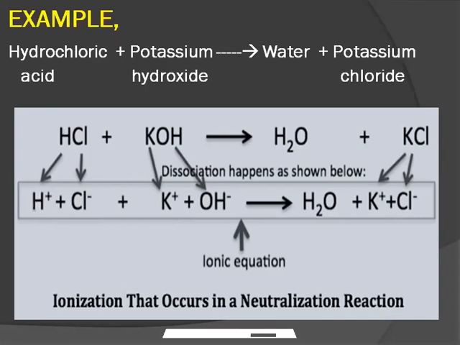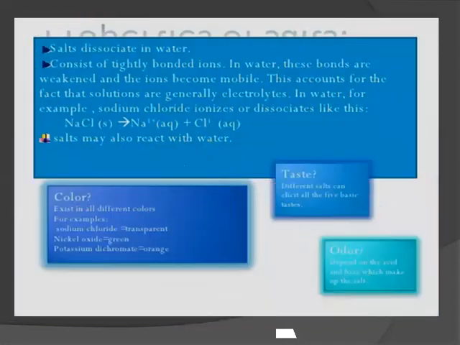Ionization occurs during neutralization reaction. Since equal ions but oppositely charged are present in the salt, hence it is electrically neutral. Salts dissociate only in water. These consist of tightly bonded ions.